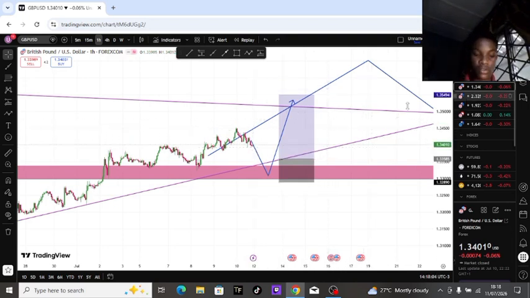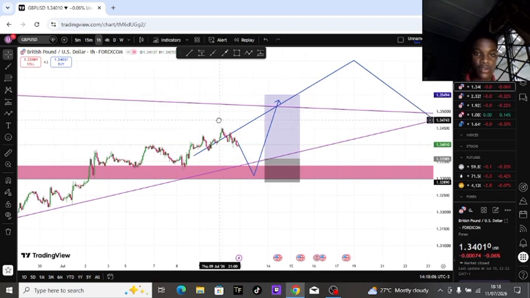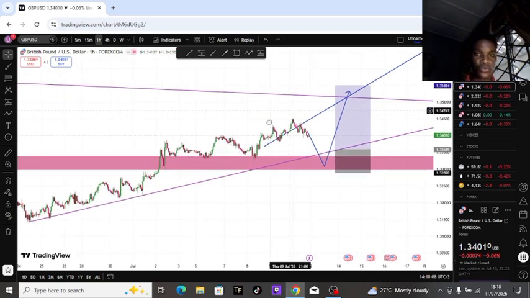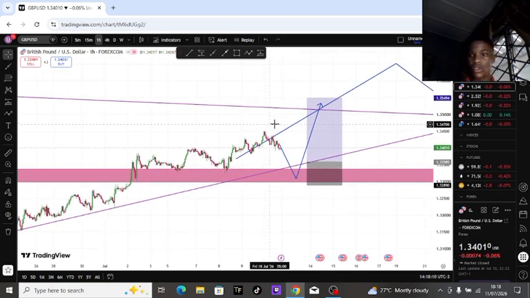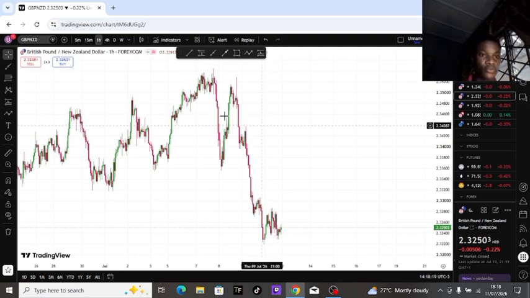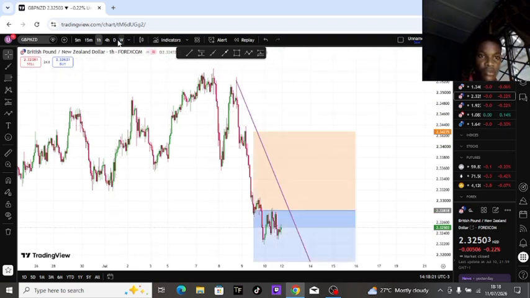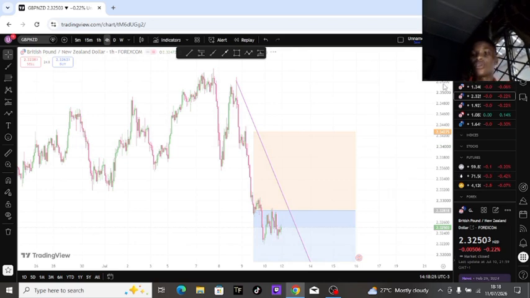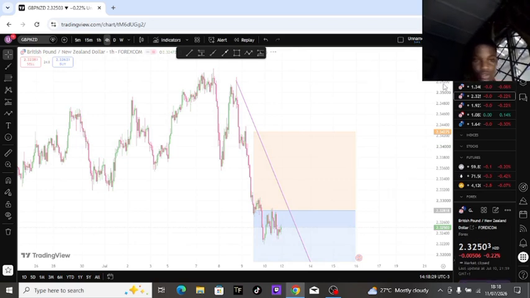Our next pair we are going to be trading more is, let's see, GPNZD. I think I'm on this trade already, and I think we are in okay, a little bit.